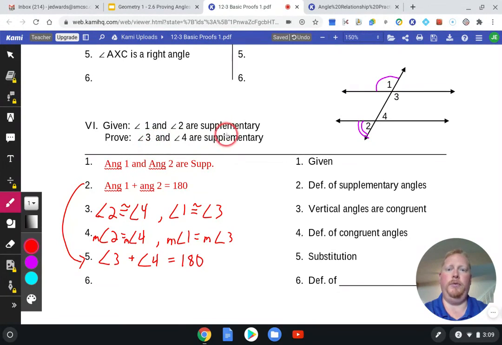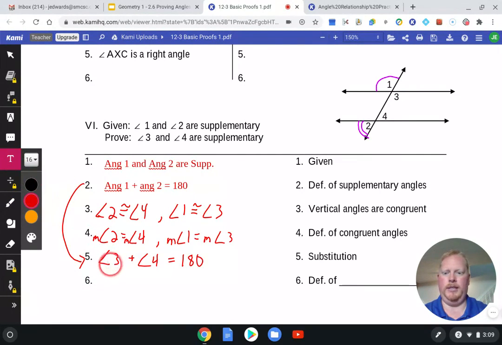Well, that's what I'm trying to prove, right? Is that angles 3 and 4 are supplementary. All right. Well, it's like I'm this close to it. Here I'm saying that angle 3 and angle 4 equal 180. So what I need to write is exactly what it says.